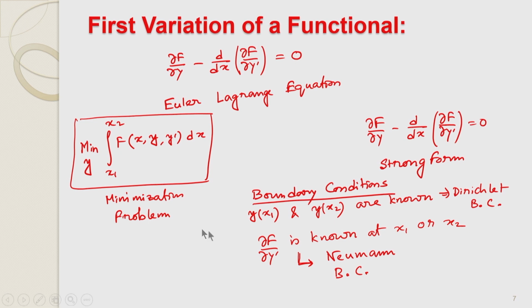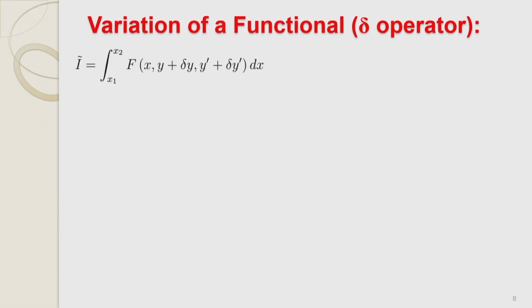And also there are two types of boundary condition, Dirichlet and Neumann. Now, we will see variation of a functional that can be expressed using the delta operator. So, the functional I tilde, that is the varied functional, we can write as y plus delta y.